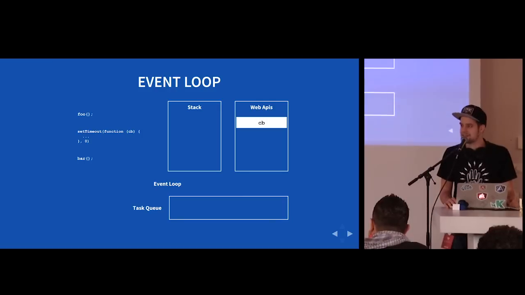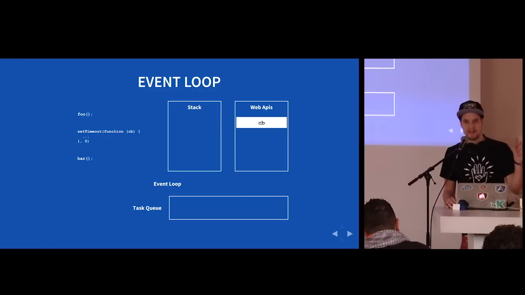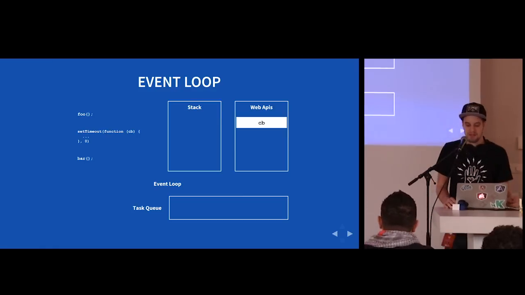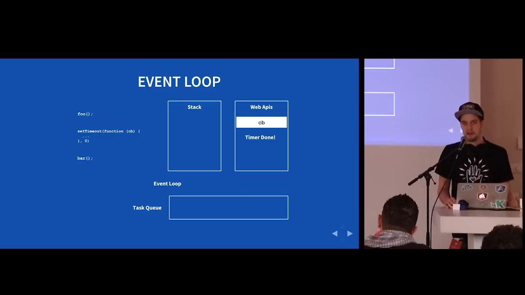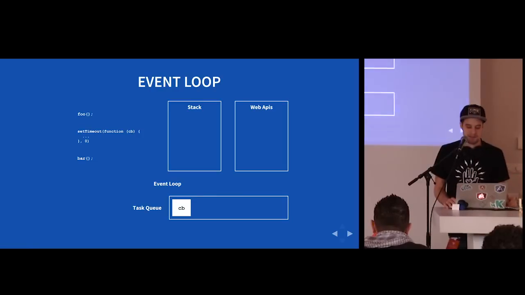So now this callback is hanging there, and at some point, the web API can't just randomly notify that this function has been executed, and that it can change our application state. So basically what happens is once that web API call that is hanging there is done, we have to push it to the task queue, right? Or we don't have to do it, but the web API does it for us. So it's a queue that queues up all these asynchronous tasks, and once there's time, these tasks are going to be picked up by the event loop.